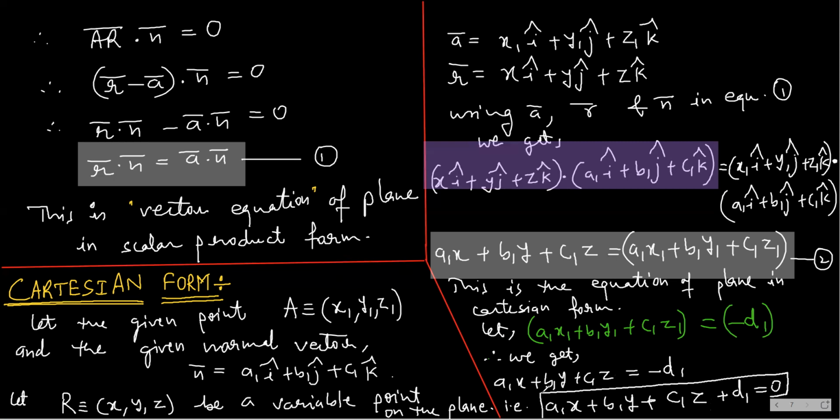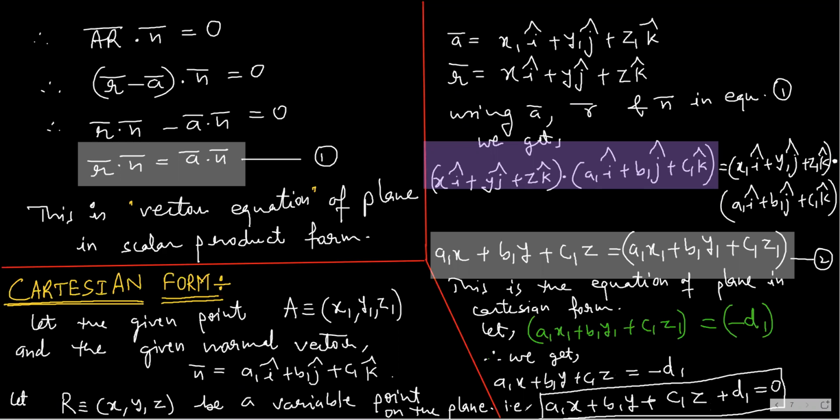See, this is more fine, more brief. Okay, so this is the equation of a plane in Cartesian form.